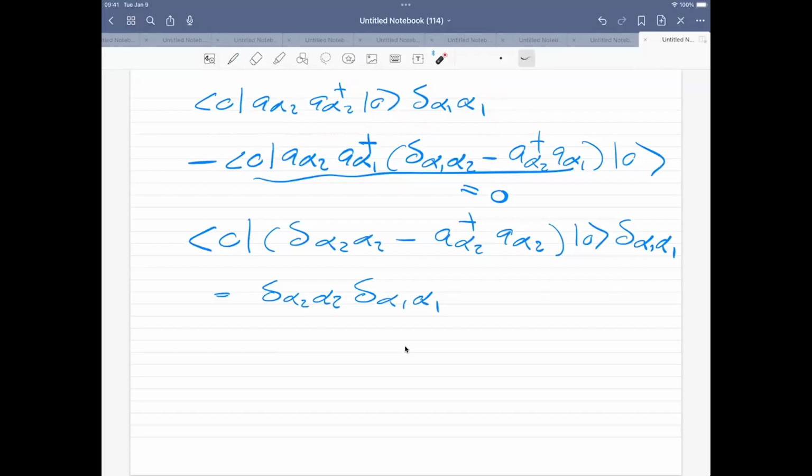So one thing I could have done here is to rewrite these terms so that I always have all the annihilation operators acting on a vacuum state.